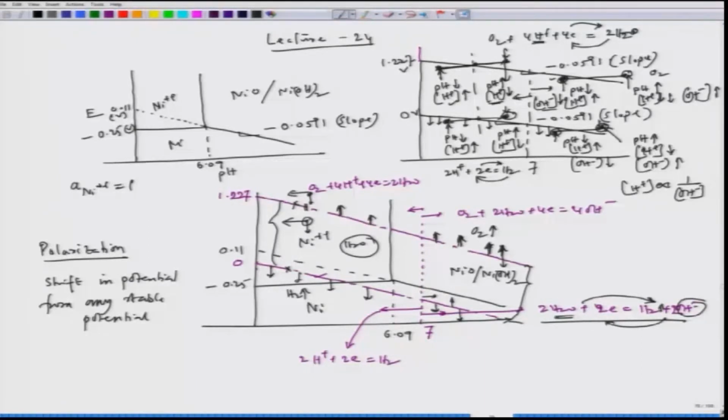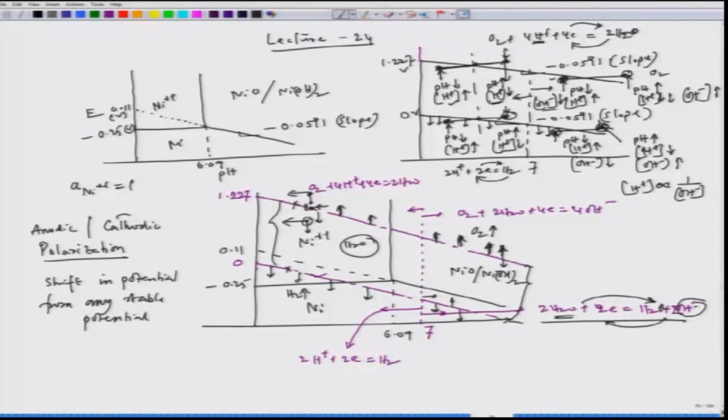If this point is the stable or equilibrium potential and I go to the positive side, we call it anodic polarization. If we go to the negative side, we get cathodic polarization. So, during cathodic polarization we get water, and if we do anodic polarization from the equilibrium potential, we get oxygen evolution.